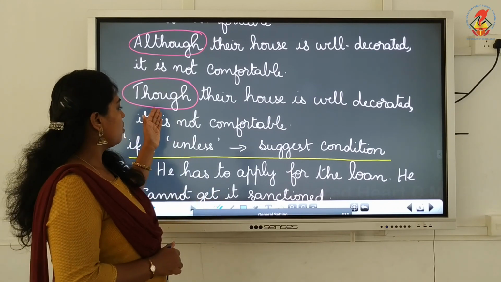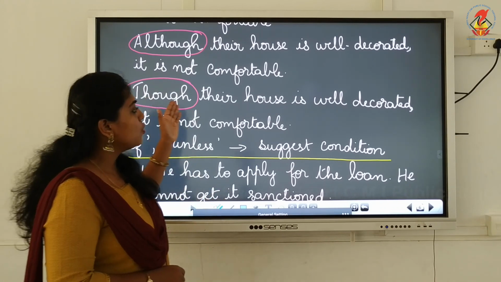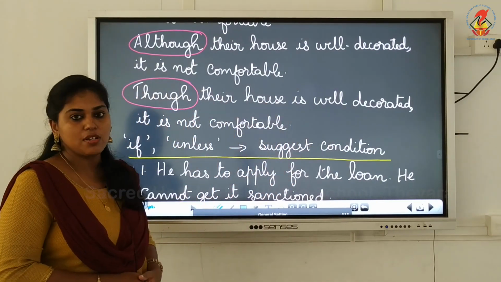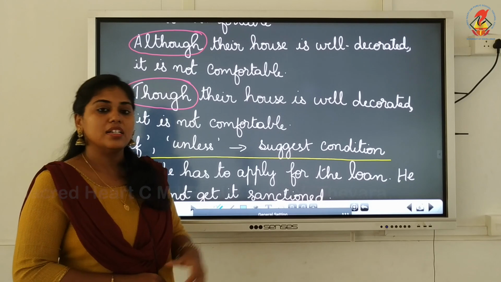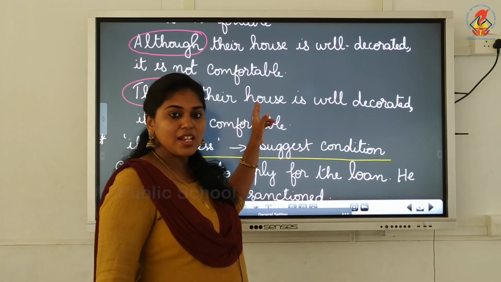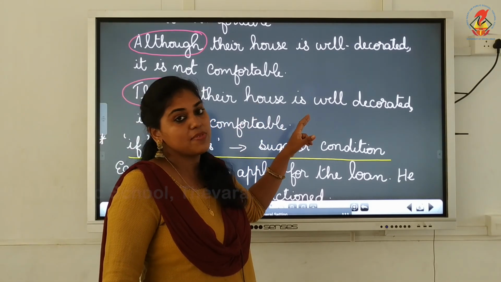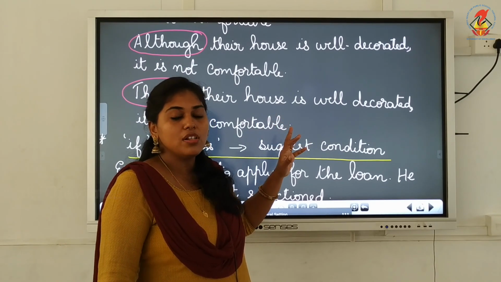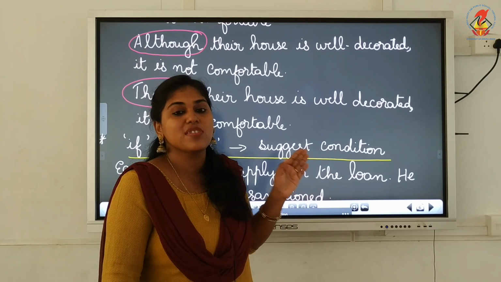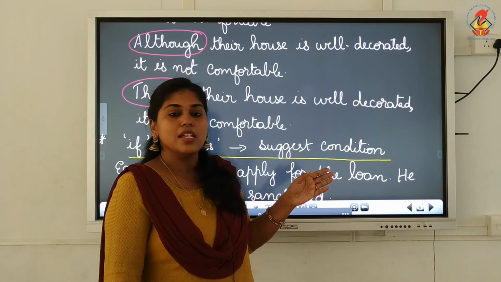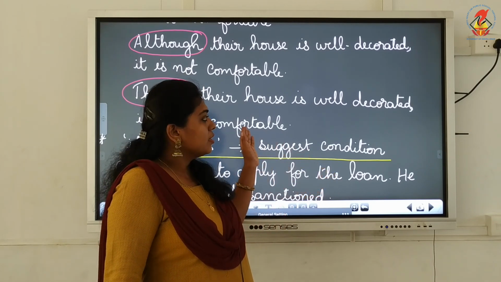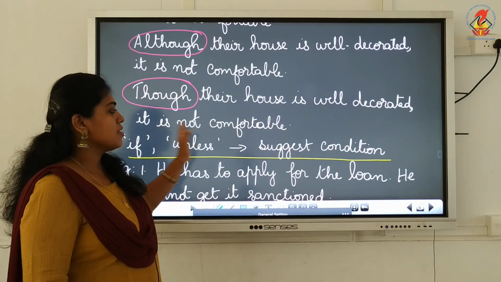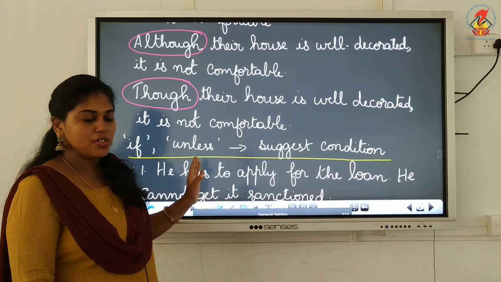So here also it is written at the beginning: though their house is well decorated, it is not comfortable. We use these conjunctions with the positive statement. Although, even though, though should come along with the positive side of the sentence. Then do not forget the comma, okay children, before it is not comfortable. Understood?